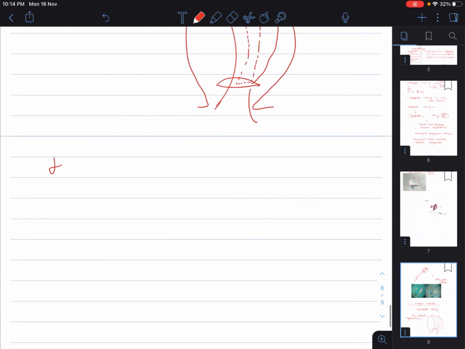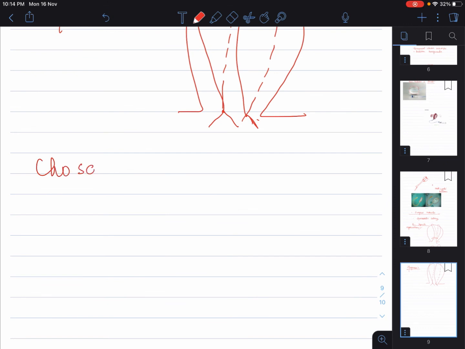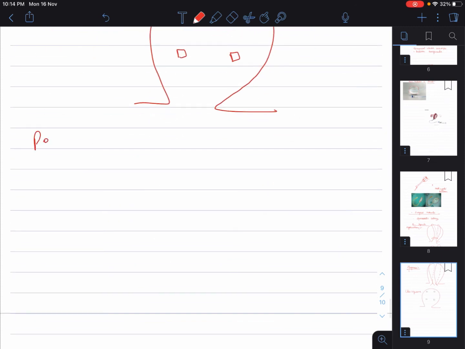While in Hayman's, you don't need to do a hysterotomy. You simply go over this area, tie it up. Similarly, you go through the other area and then you tie it up. Okay, so this was Hayman's. You also have the Cho square, wherein you make these ties in a square. Another, which is very rarely heard, is Pereira.